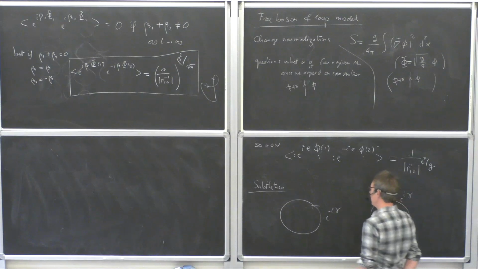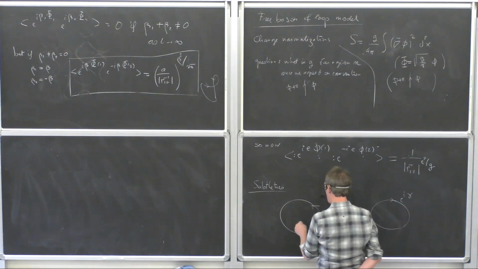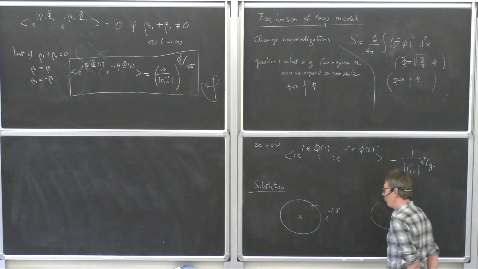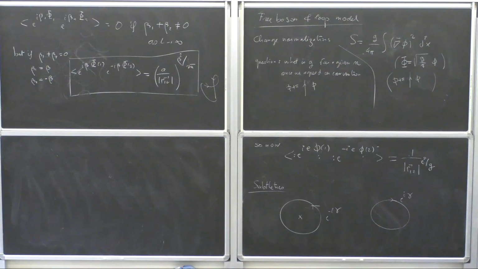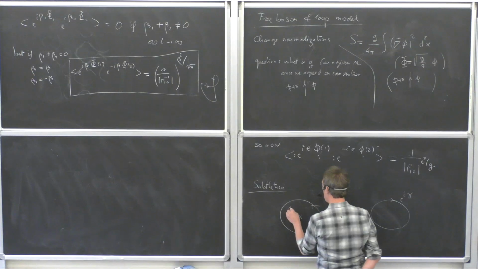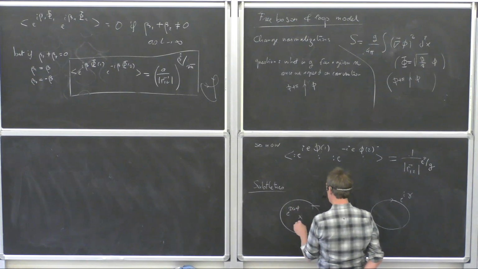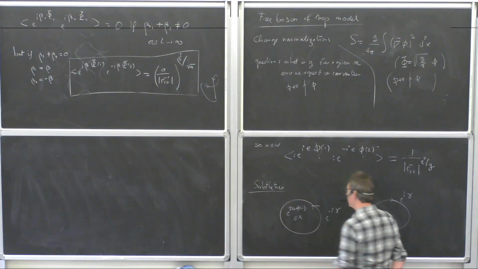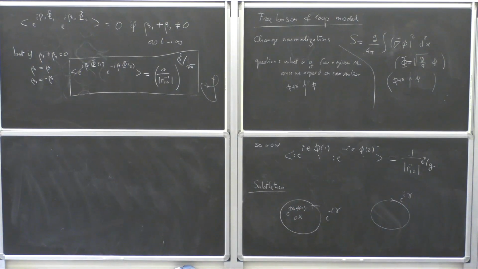Now, let's imagine somewhere in the system we put an observable that I'm going to call e to the 2i e_0 phi, and let's insert it at a particular point. Let's just take the origin, but the origin has nothing special.